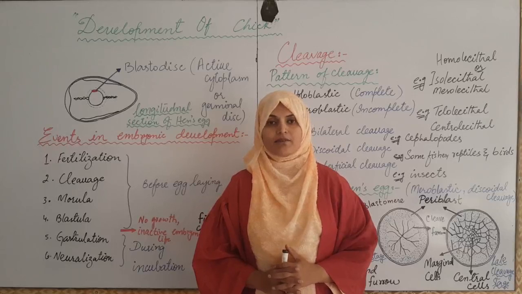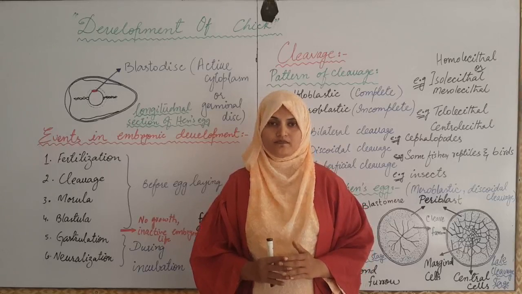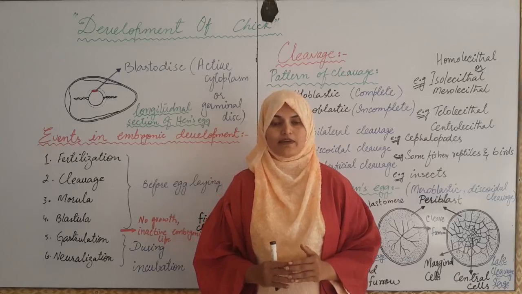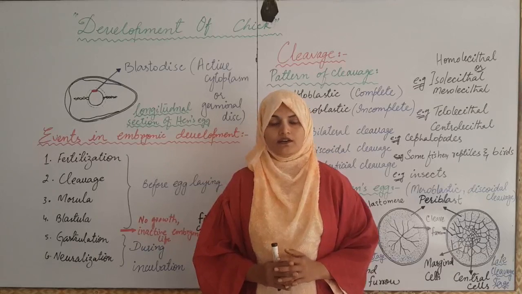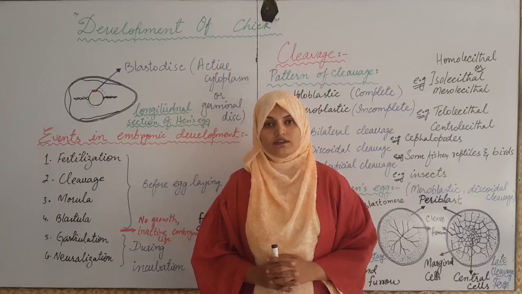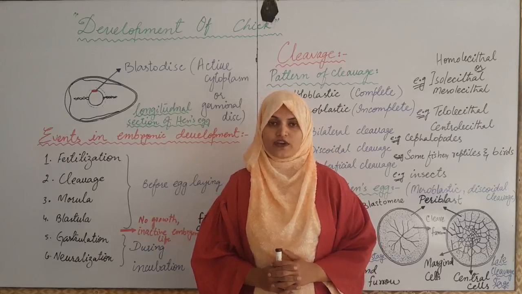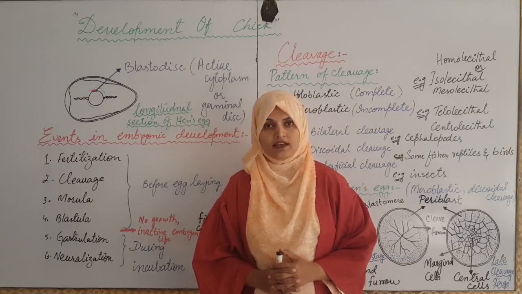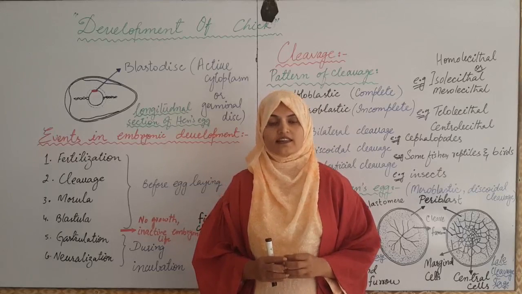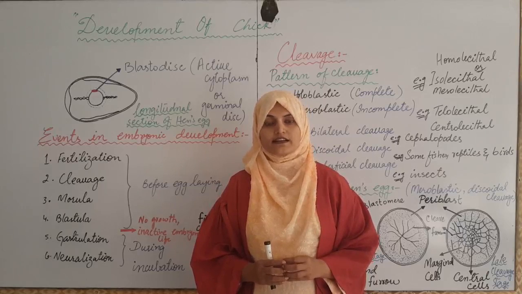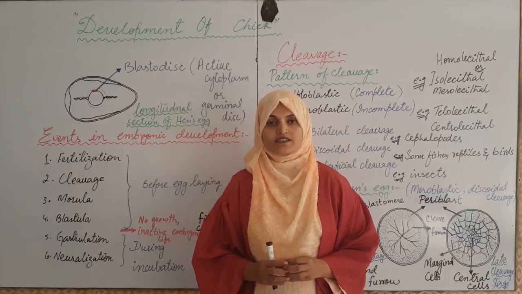Before the second meiotic division, fertilization takes place in the upper part of the oviduct, where two cells are united together, that is male and female sex cells unite with each other, as a result of which a single diploid cell is formed, which is termed as zygote.